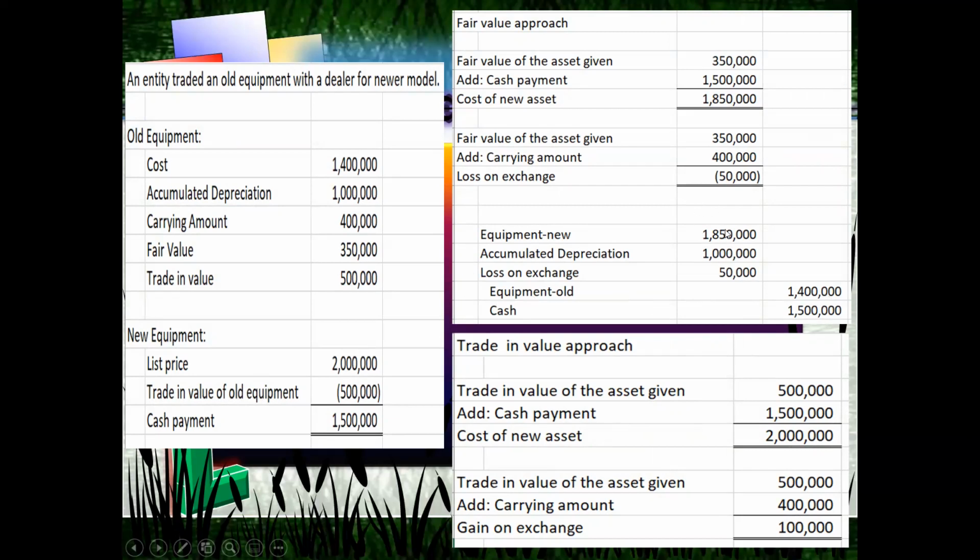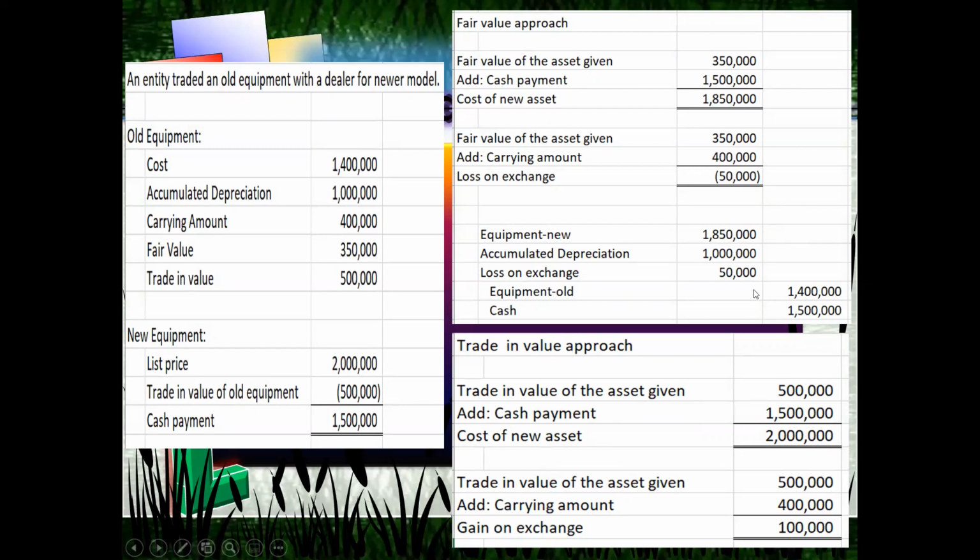So bale, 100,000 pala, no? Gain on exchange credit na 100,000. So bale, on the debit side, equipment new 2 million, tapos accumulated depreciation na 1 million. So that's a total of 3 million. On the credit side naman, you have your equipment old na 1.4, cash na 1.5, so that's 2.9, plus gain on exchange na 100,000.